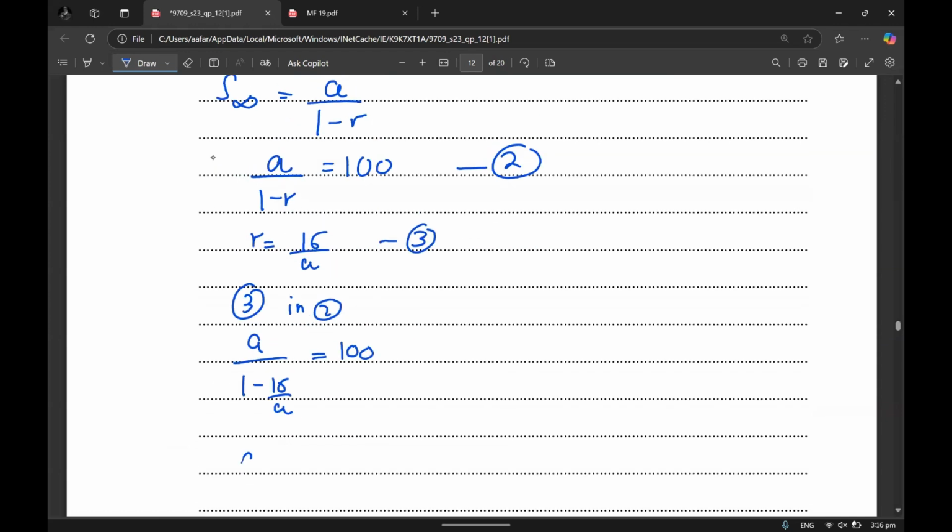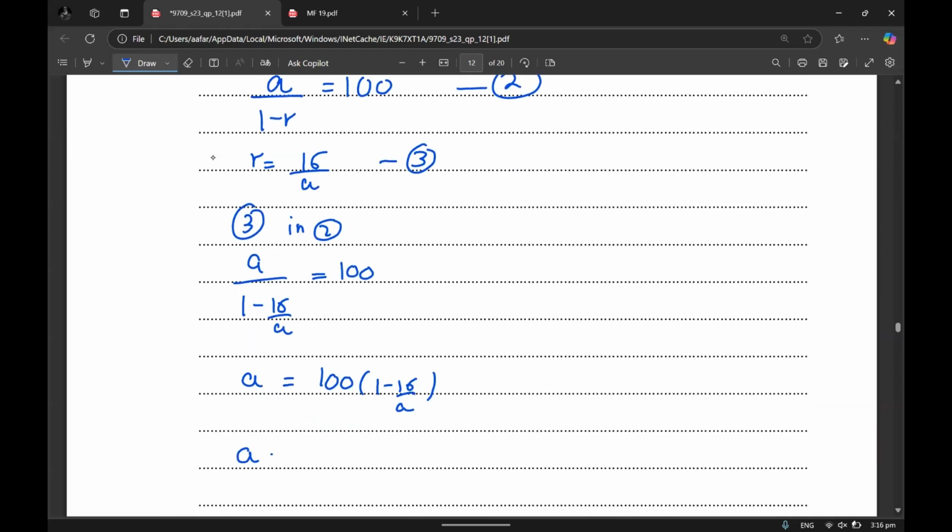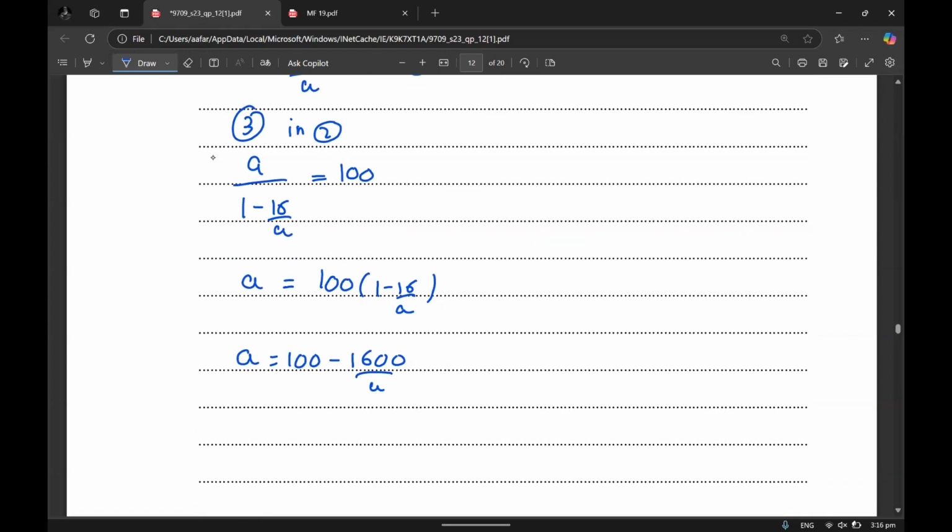Take it to the other side: a is equal to 100 times 1 minus 16 over a. So a is equal to 100 minus 1600 over a. Right, so let's take a to the other side: a plus 1600 over a is equal to 100.